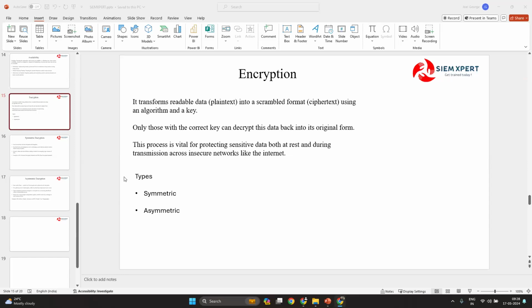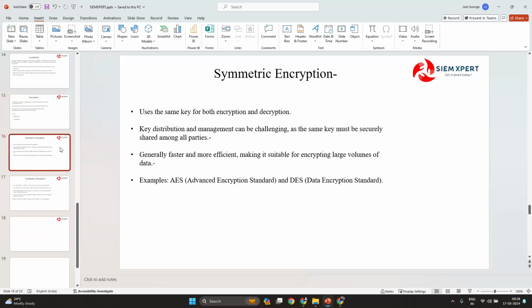Now coming to symmetric encryption. What does symmetric encryption basically mean? It has one key which does both functions, encryption and decryption. The challenge of symmetric encryption is the key exchange.